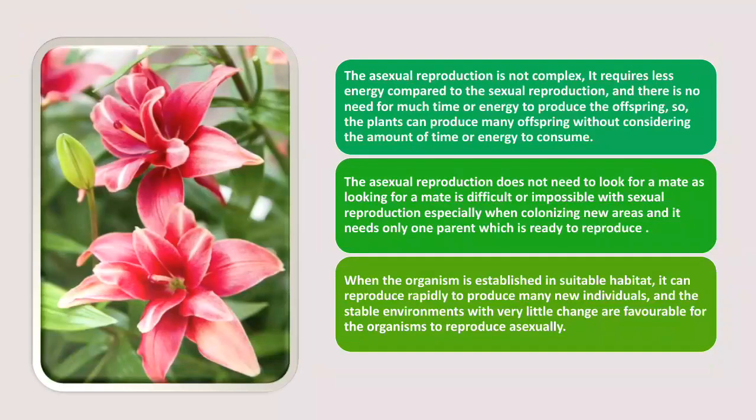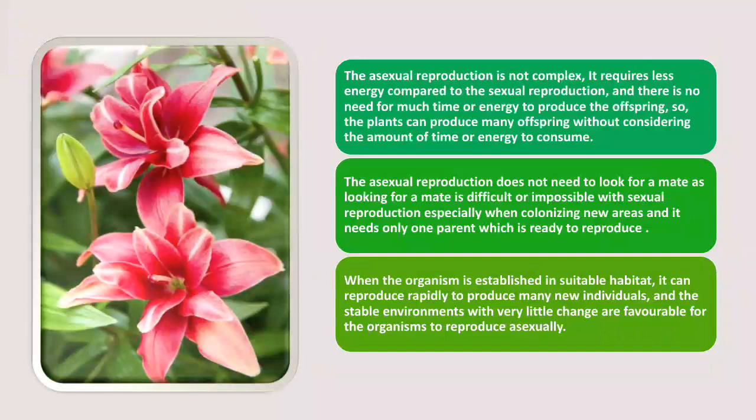Asexual reproduction is not complex. It requires less energy compared to sexual reproduction, and there is no need for much time or energy to produce the offspring. So the plant can produce many offspring without considering the amount of time and energy consumed.